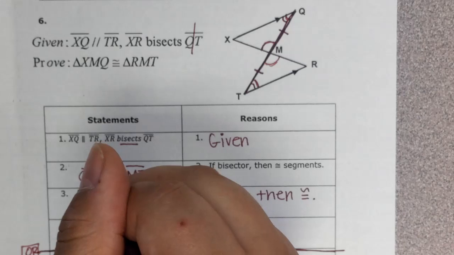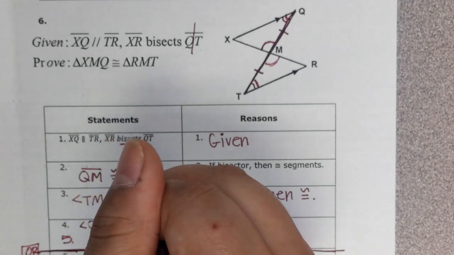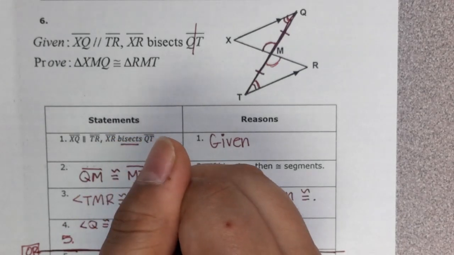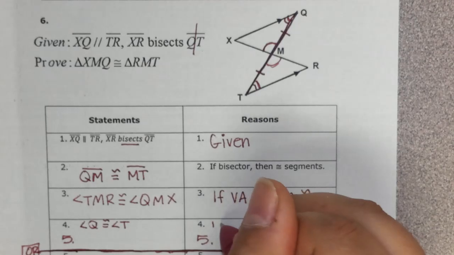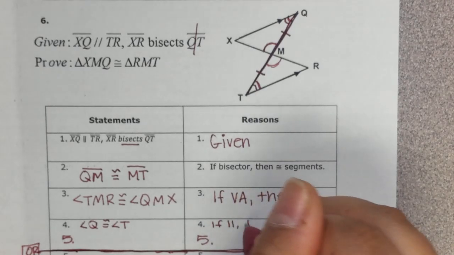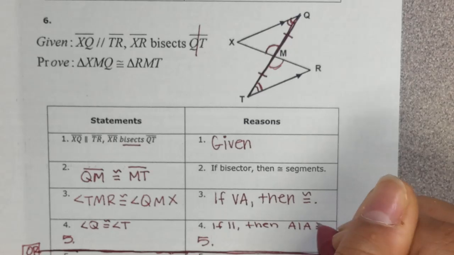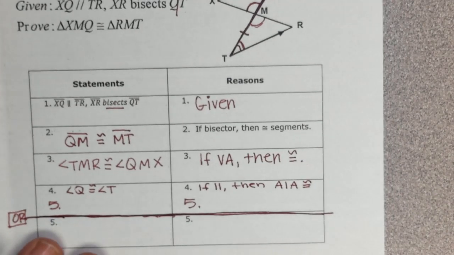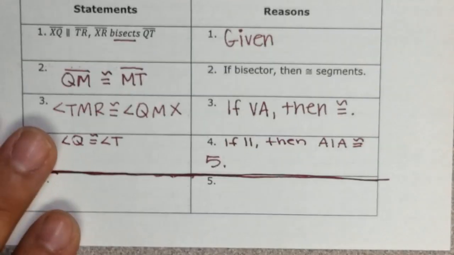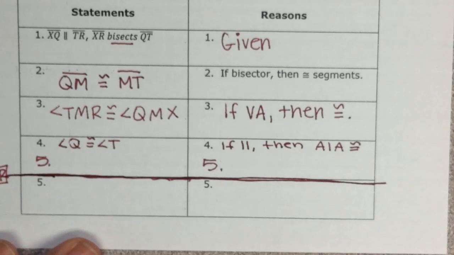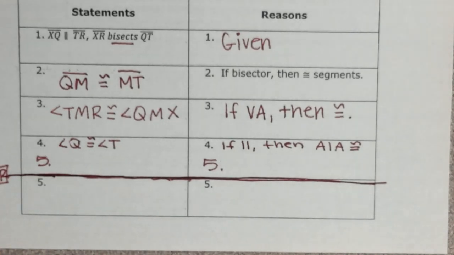So if you're like, no, that's okay, we're doing it together. Angle Q is congruent to angle T, because if parallel, then AIA are congruent. Let me zoom into that.